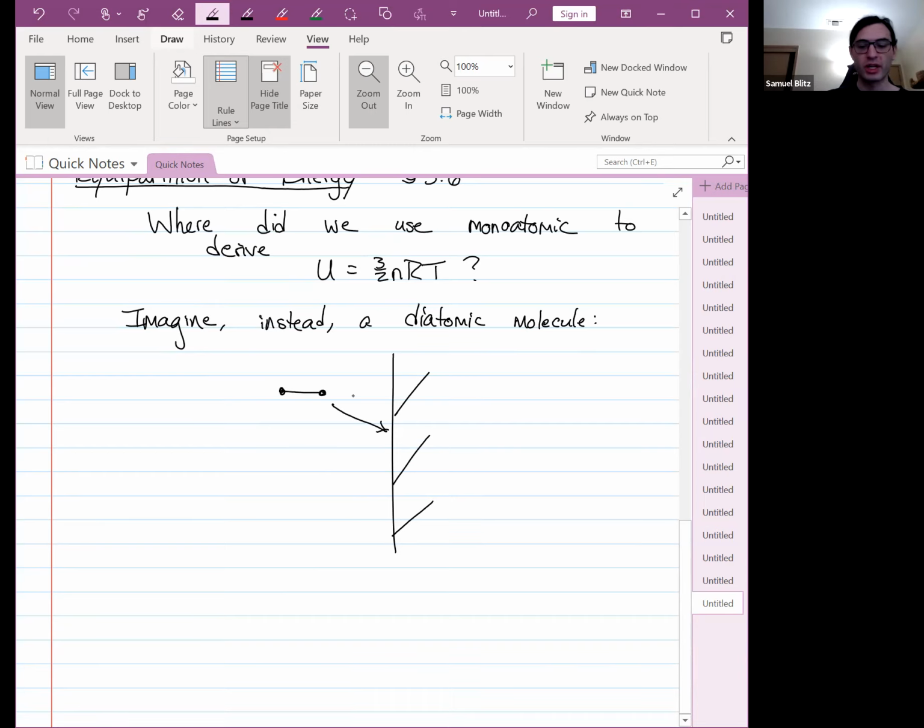And here's where things get tricky, because you can imagine that it bounces off the wall, and now it's rotating, whereas maybe it wasn't rotating before, or maybe it was rotating and it bounces off the wall in a particular way so that it's not rotating.